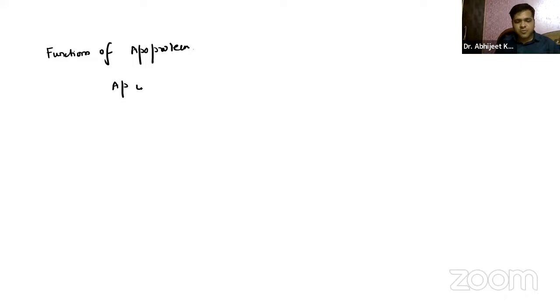So we have apoprotein B48, which is present in chylomicron, apoprotein B100, and apoprotein E. So you already know we have these three apoproteins. Now, what is the function of these apoproteins?